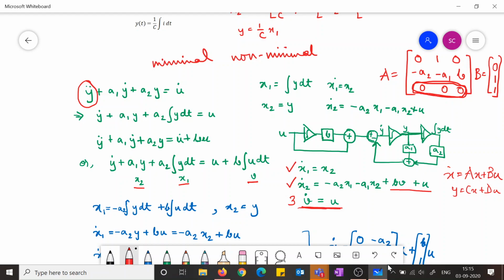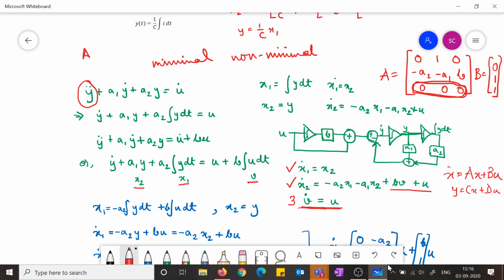When do we call a realization non-minimal? When your A matrix, for the time being you can consider only the A matrix, has a row which is zero or which is dependent on the other rows of the state matrix, same for columns also.